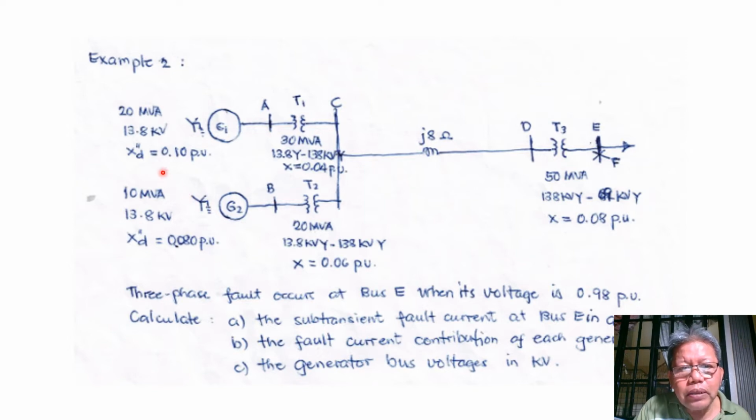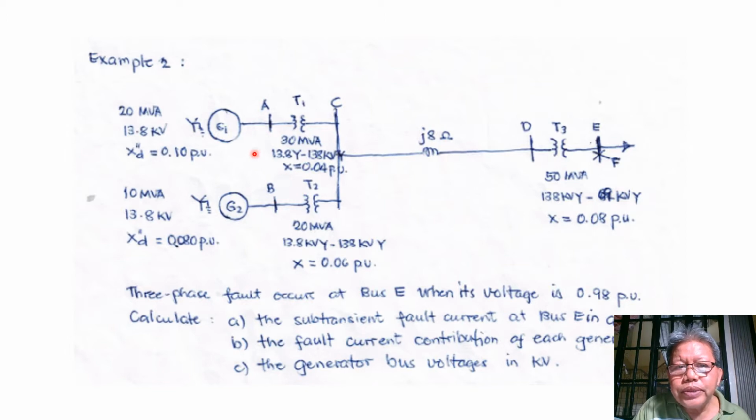Now take note that this sub-transient reactance XD double prime, for example this one for generator 1, is computed based on the MVA rating of our generator 1, which is 20. For generator 2, this XD double prime of 0.08 per unit is computed based on the MVA rating of generator 2, 10 MVA.